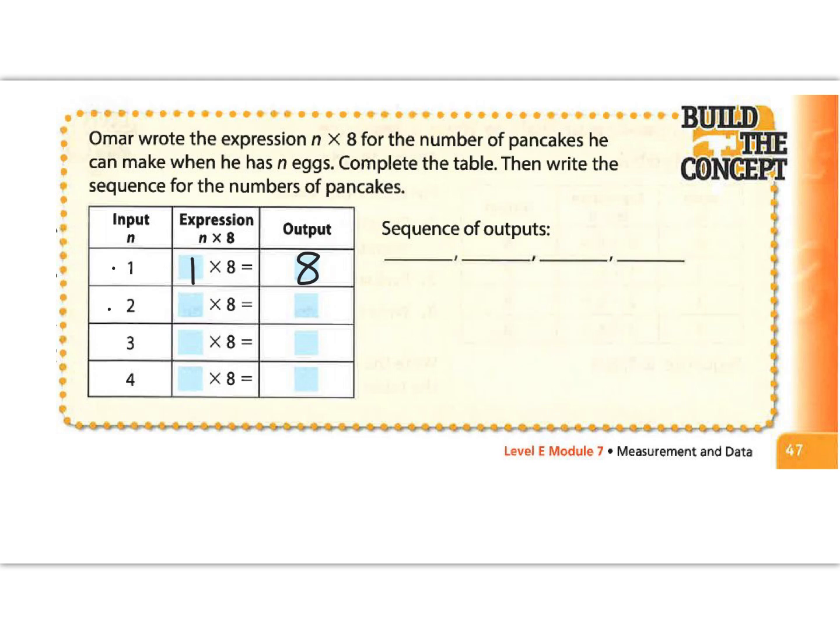Now he has 2 eggs, so we would do 2 times 8 is 16. Then he has 3 eggs, 3 times 8 is 24, and then 4 times 8 is 32. So then the sequence of the outputs, we would just write the outputs, 8, 16, 24, 32.